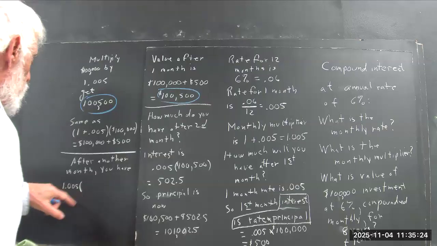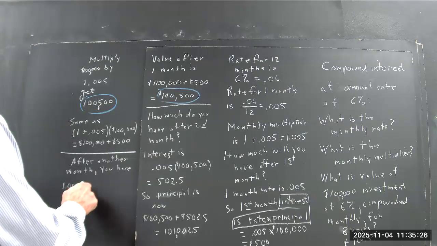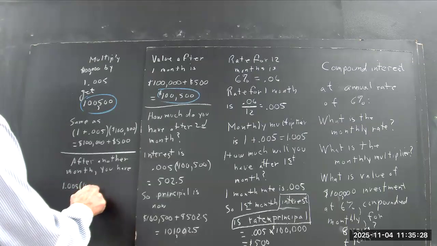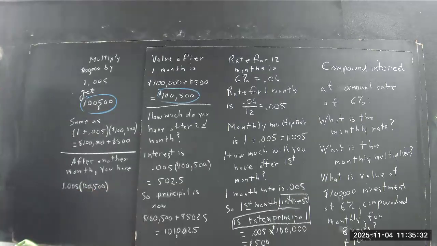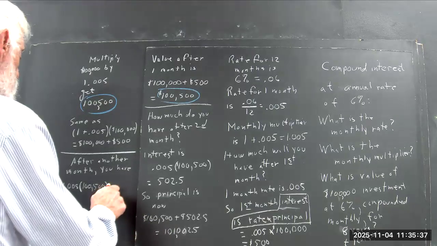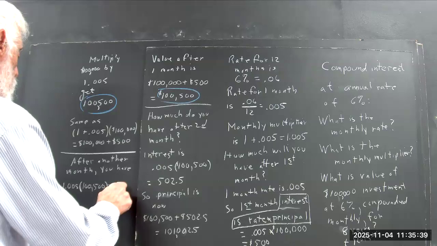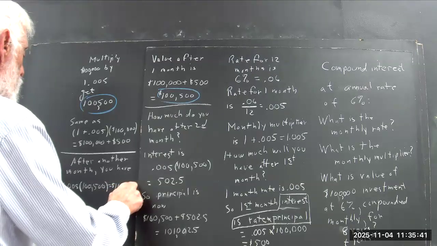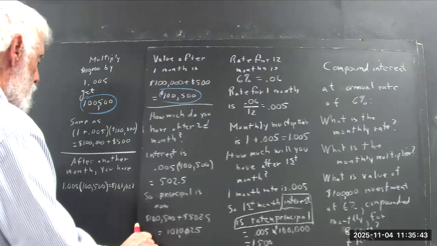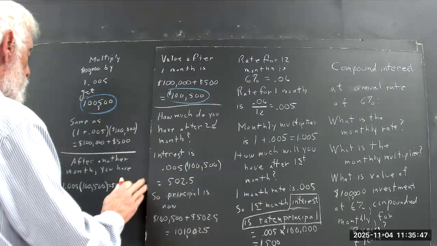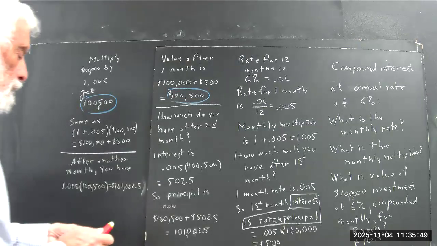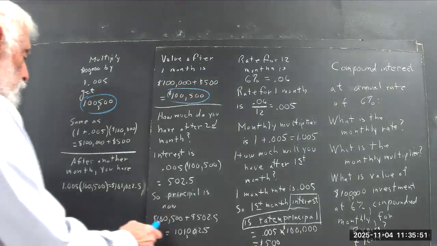You have 1.005 multiplied by the $100,500, which gives you... and that's the same thing that you had here.